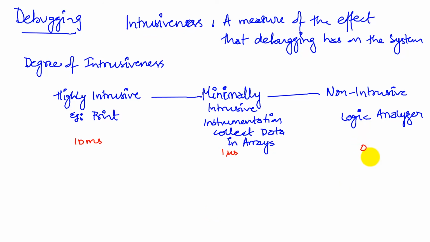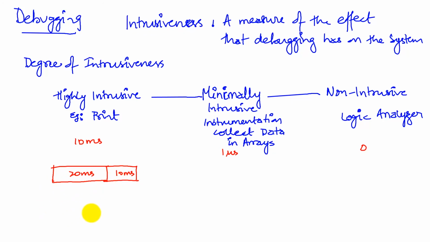Now let's try and see how this matters from the collection of data or the debugging of the system itself. So imagine I have a task that needs to be debugged, and the task takes 20 milliseconds. Now, if every time I want to debug the task I have a 10 millisecond overhead, that's 1/3 of the time of the task.